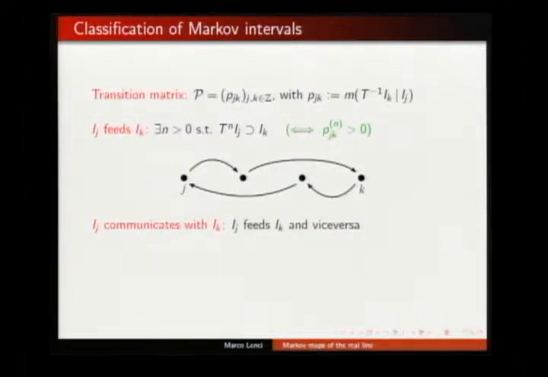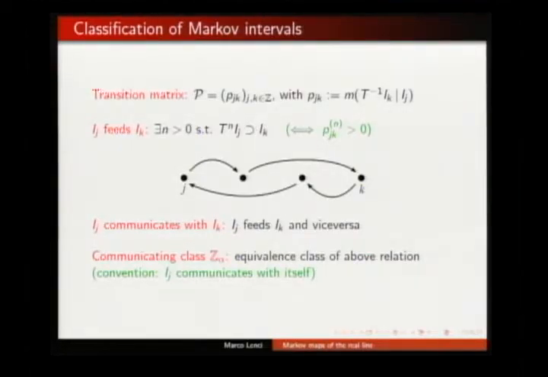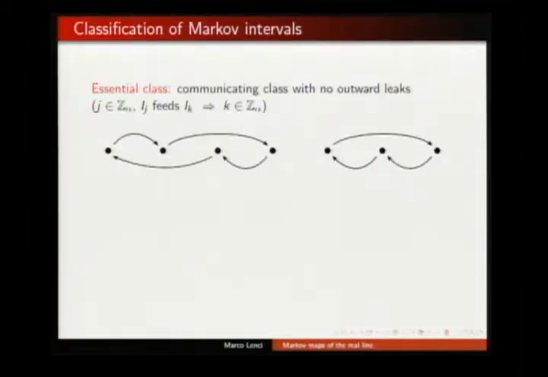If the reverse happens as well, then you say that j communicates with k. So now you have an equivalence relation, if you assume the convention that I_j communicates with itself. This is not a hypothesis, this is a convention. Even if it doesn't happen, you just assume that it happens. Then you have equivalence classes, which in the lingo here are called communicating classes.